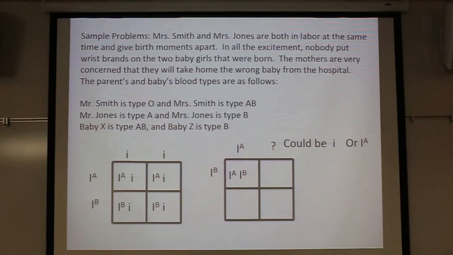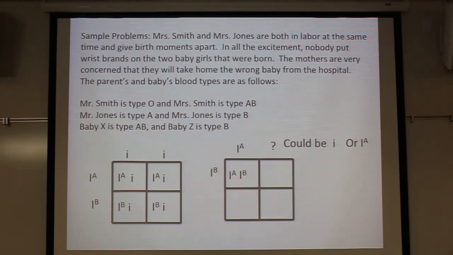Depending on what was here, if those were both lowercase i's, they could also have a baby with blood type O, a baby with blood type B, and a baby with blood type A. They could have all your combinations. Or if this was IA and this was IB, then they would all be just like this one. They would all be codominant A and B.